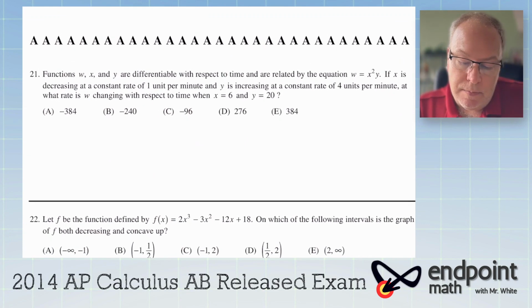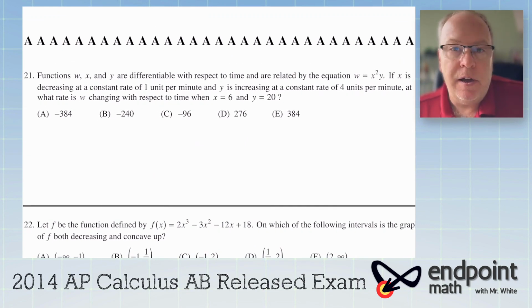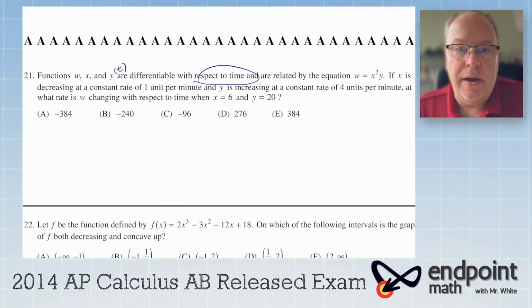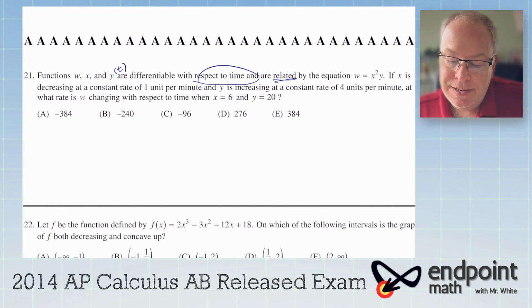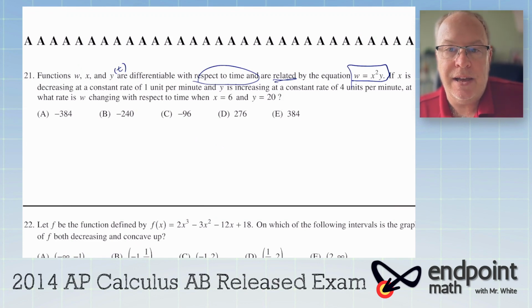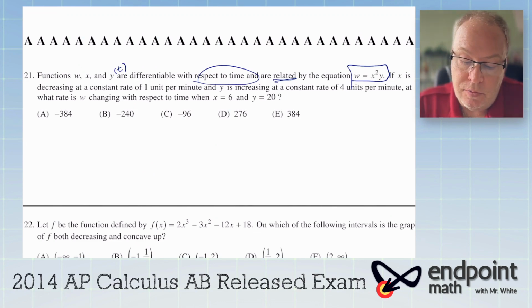Number 21. We have functions w, x, and y, and they're all differentiable with respect to time. It sounds like a rate of change problem. Our related rates are given by the equation w equals x squared y. If x is decreasing at a rate of 1, that's why I write dx dt.